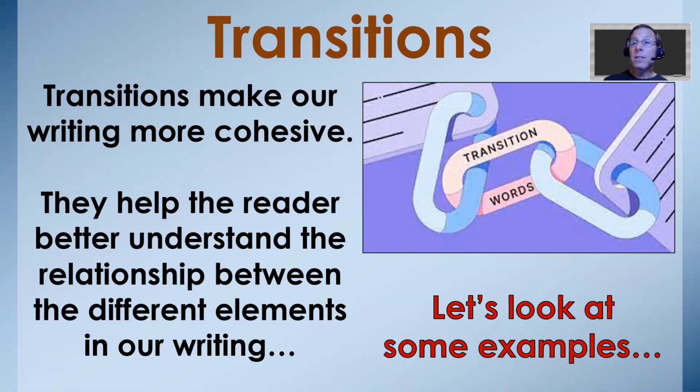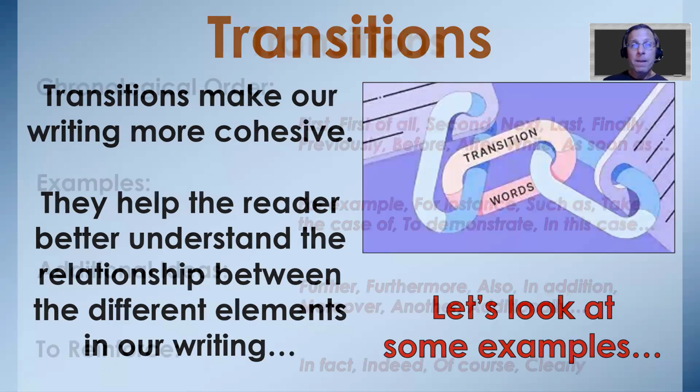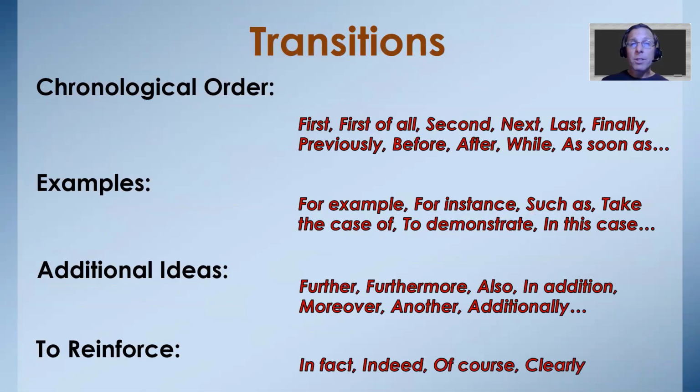Our reader needs to understand the relationship between different aspects of our writing. So, some common transitions are words or phrases that indicate time or chronological order, and we've got those listed here. They can be words or phrases for examples: for example, for instance, such as.